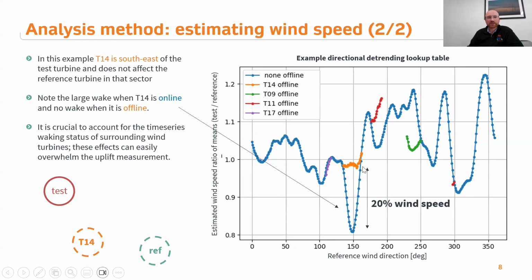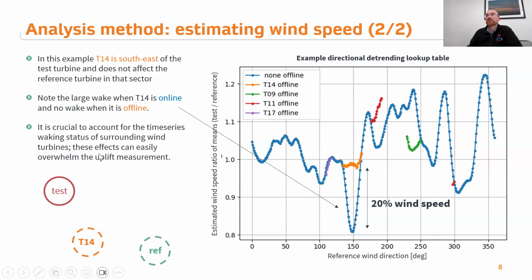So it's very crucial to account for the time series waking status of surrounding wind turbines to your test turbine and your reference turbine. Because if you don't know about these changes in waking state, this here is a 20% wind speed change, which is going to be something like 50% power change for the test turbine.